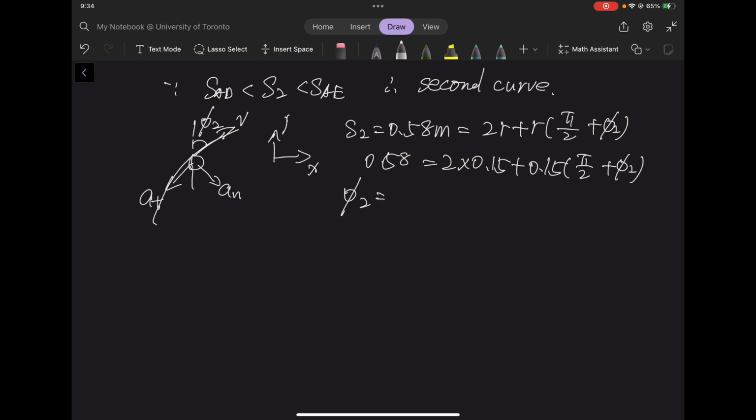Then C2 is equal to 0.29 radian, equal to 16.84 degree.